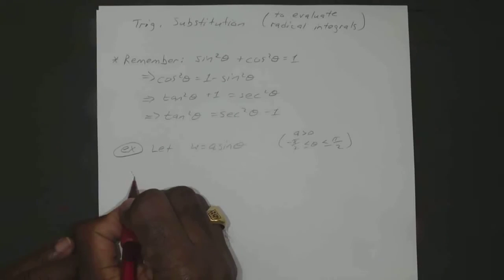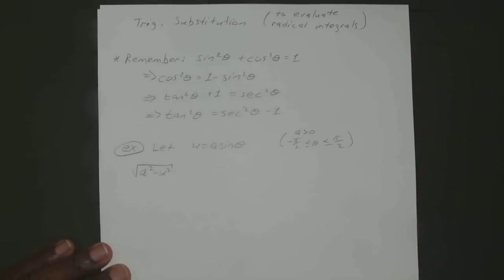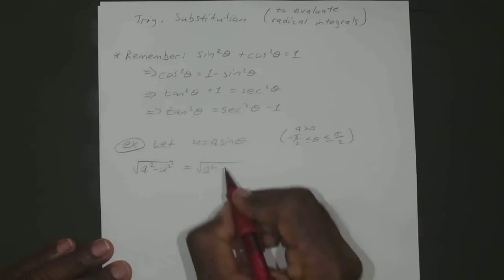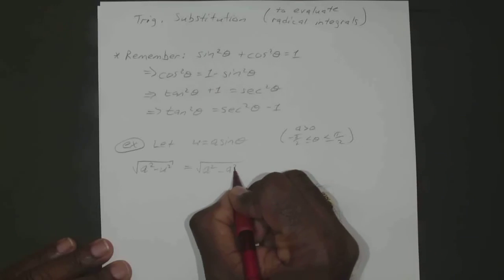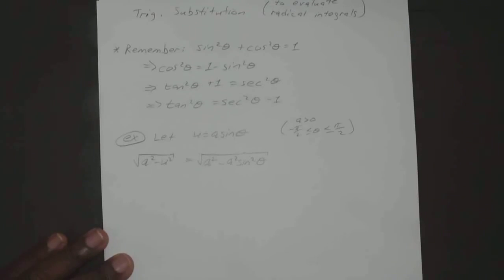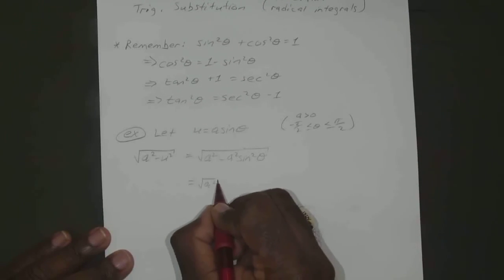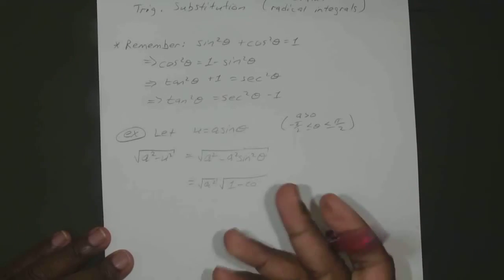Okay, so that means if you have the square root of a squared minus u squared, then that's going to equal the square root of a squared minus a squared sine squared theta. Okay, so if you factor out that a squared, you have the square root of a squared times the square root of 1 minus sine squared theta.